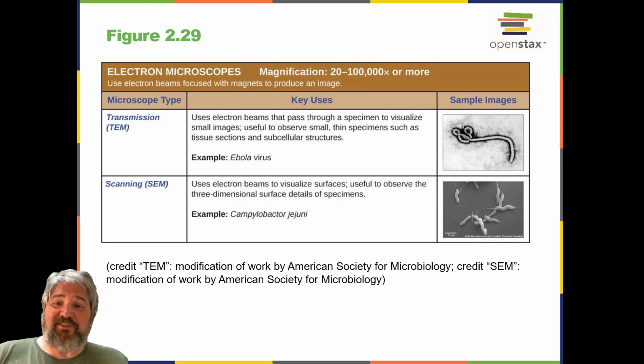The transmission electron microscope uses electron beams that pass through a specimen to visualize small images, useful to observe small, thin specimens such as tissue sections and subcellular structures. The scanning electron microscope uses electron beams to visualize surfaces, useful to observe the three-dimensional surface details of specimens.